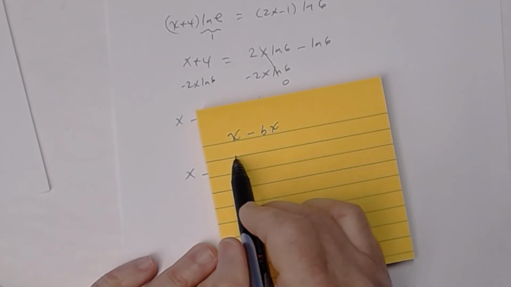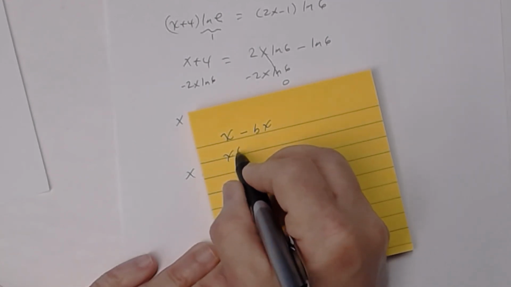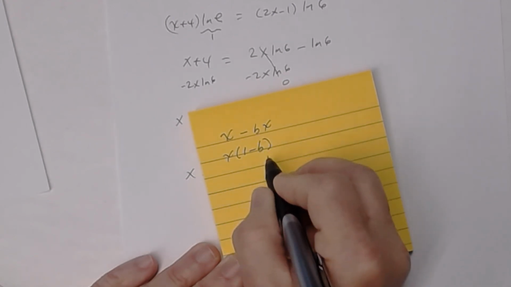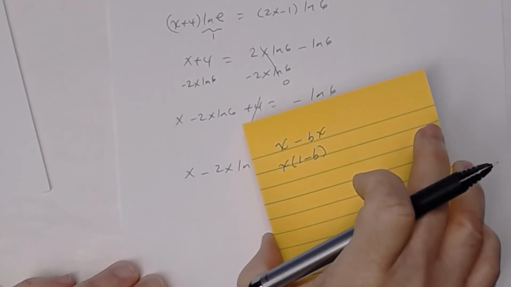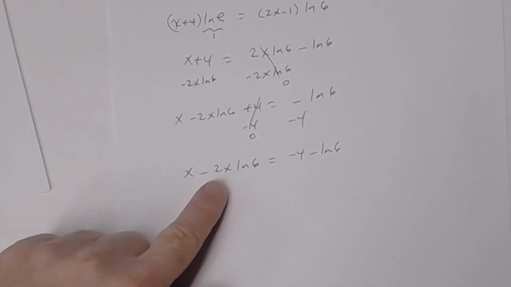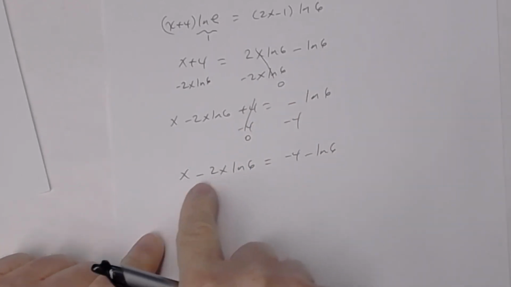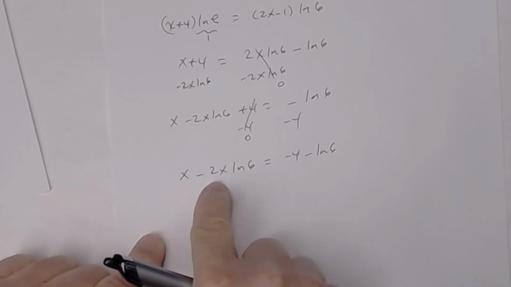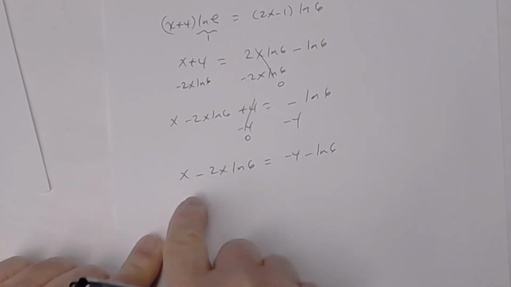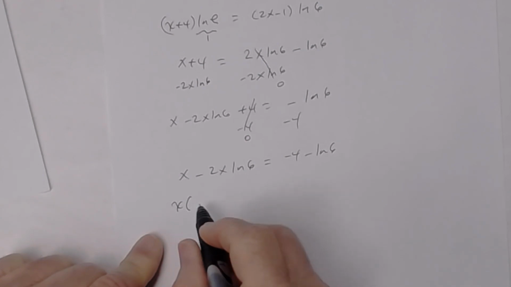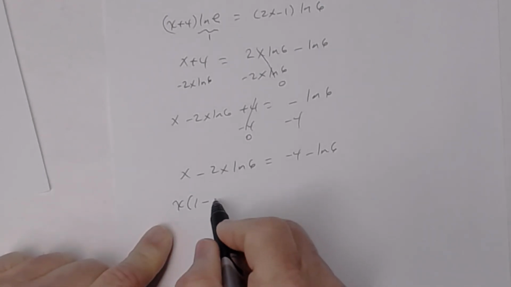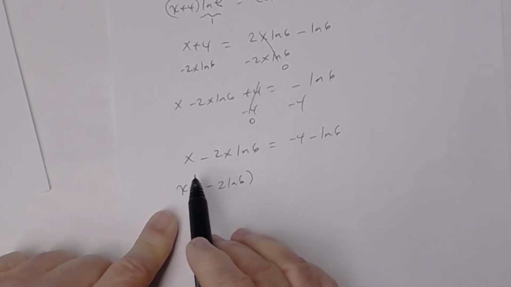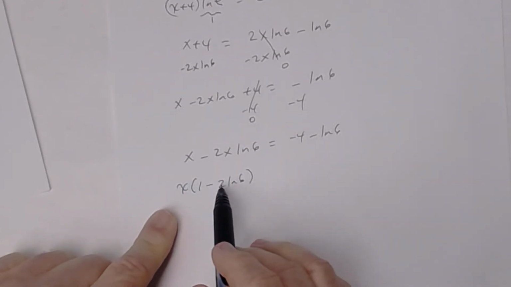So I can factor out an x. So this becomes x times 1 minus b. Remember that? So basically you're going to use factoring to isolate x. Both of those terms have x in common. So you're going to say x times, and then x times 1 is x, and then minus 2 natural log of 6. So that's what you have to do next.